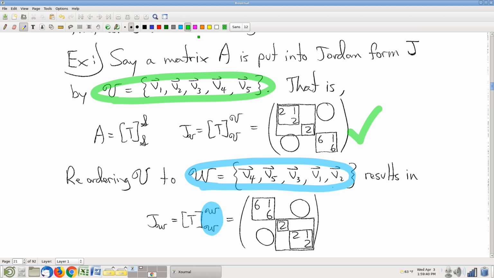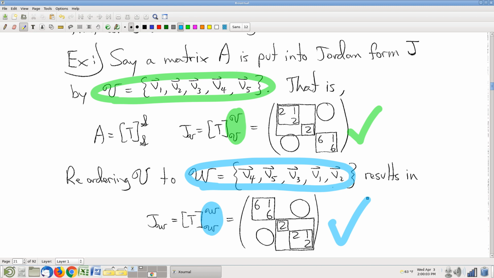Use the W basis instead of the script V basis. Notice all I've done with the W basis is it's still the same 5 vectors. Exact same 5 vectors. I just put them in a different order. And I claim this changing of the order shuffles the blocks accordingly. Like this. And we're going to walk through the details here.